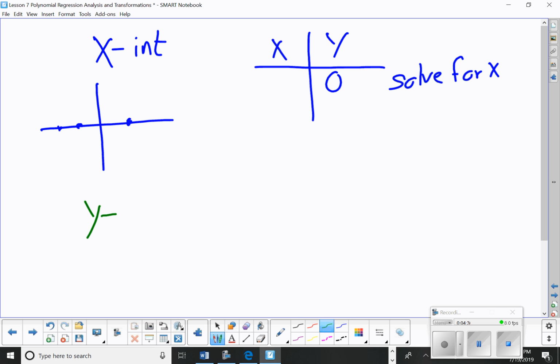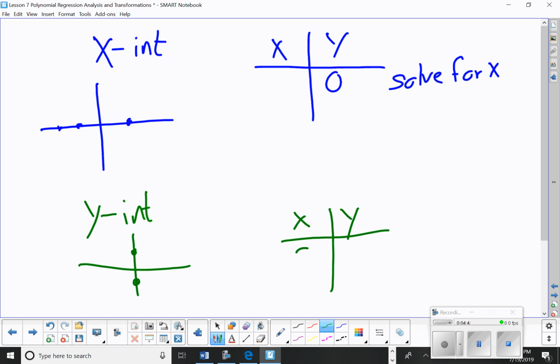On the other hand, if you're looking for the y-intercept, and you've got a table of values, you're going to set x equal to 0 and solve for y. Now, if it's a function, you'll only have one y-intercept. X-intercepts, you could have multiple.